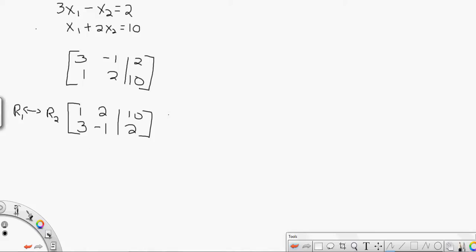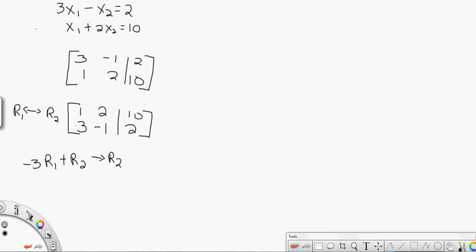So the notation that I'm going to use for this is -3 times row 1, add to row 2, and then I'm going to replace that sum in row 2.